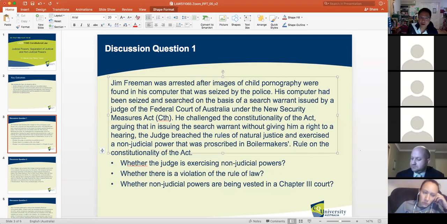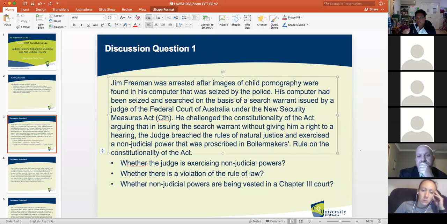Okay, so very good. We have two ways of at least identifying the legal issue, and either would be correct. One is whether the Chapter 3 judge is exercising non-judicial powers, because if he or she is, then that can potentially be a violation of the Boilermakers rule. But secondly, the other question, or the corollary to that, is whether or not non-judicial powers are being vested in a Chapter 3 court itself.